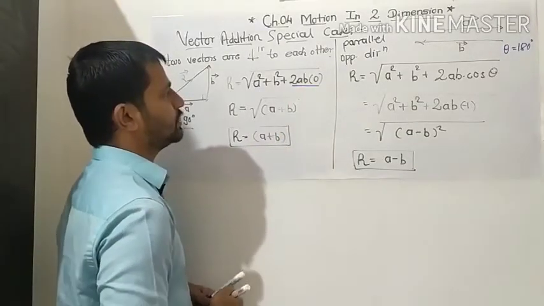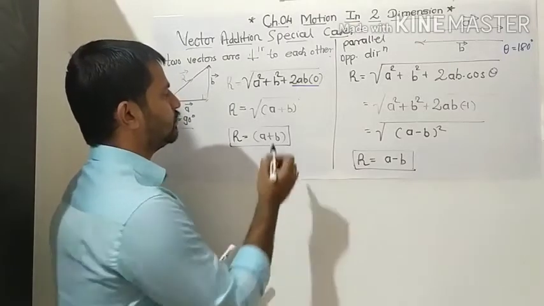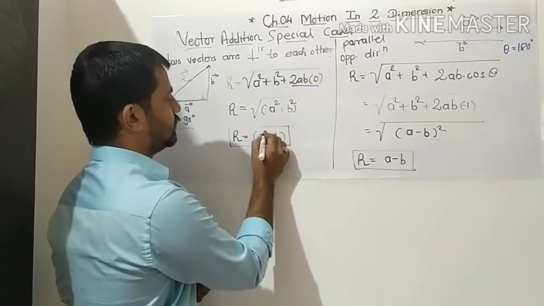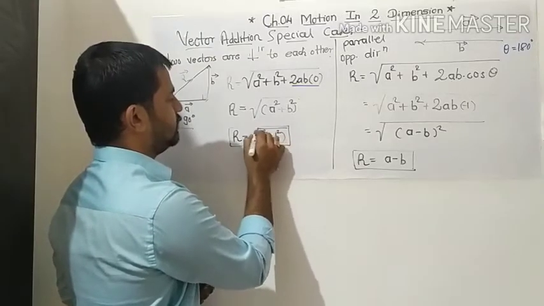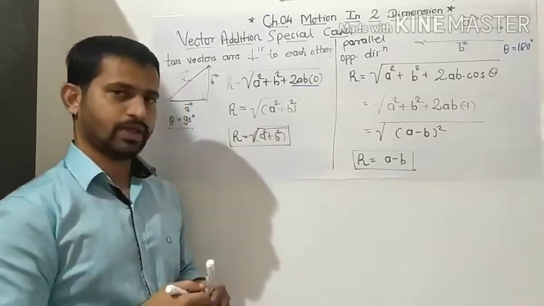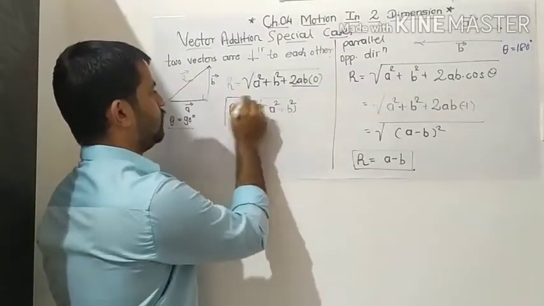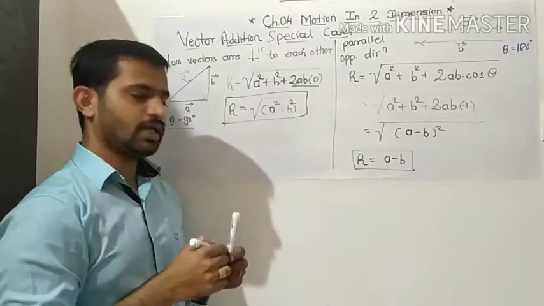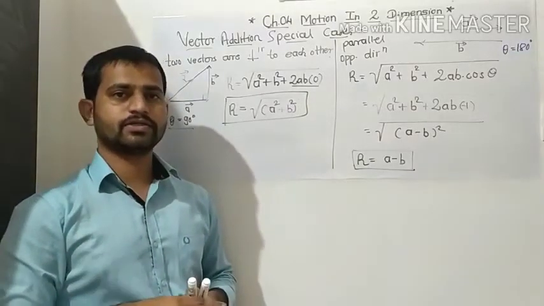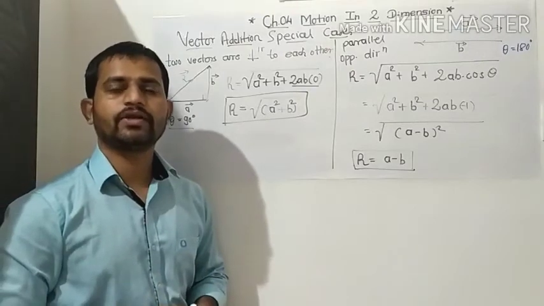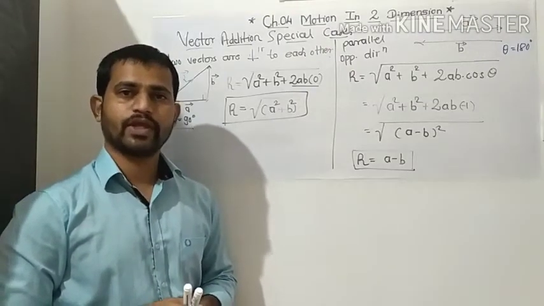So it will be a square plus b square, and this is the final value of the resultant. So accordingly, we can find out the value when the two vectors are perpendicular to each other.